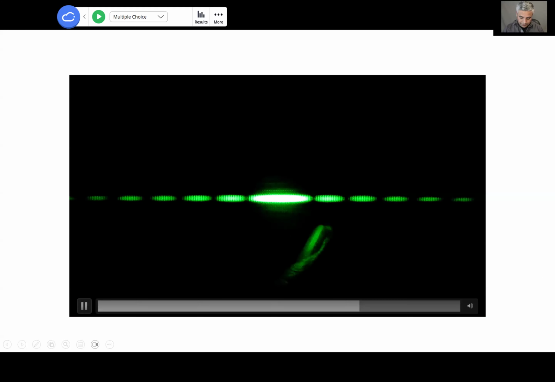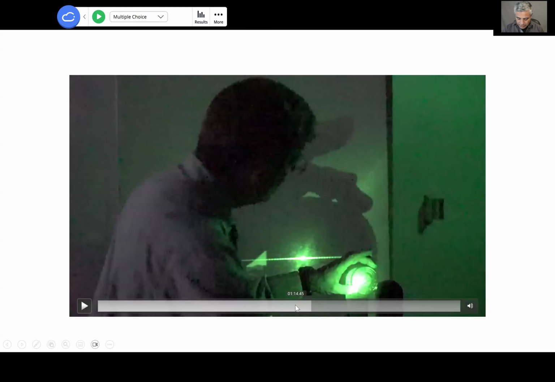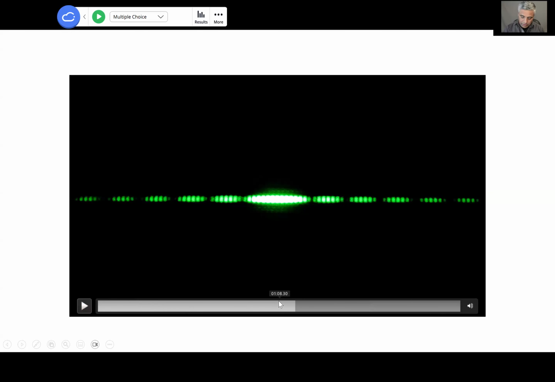So you may or may not be able to see on the screen now that. So let's look at the first one here. That's how the first one looked. Since we are on the screen here, I'm marking something like this, right? So that's how wide the central was here.